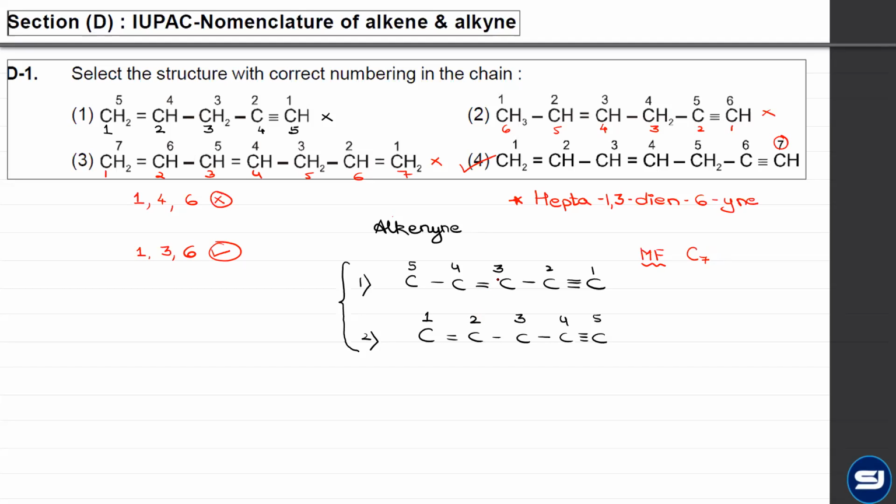The trick was just by looking at the number of carbon, write the formula of an alkane. So with 7 carbon, the alkane formula would be C7H16. Then for every double bond present, there is a reduction of 2 hydrogen.